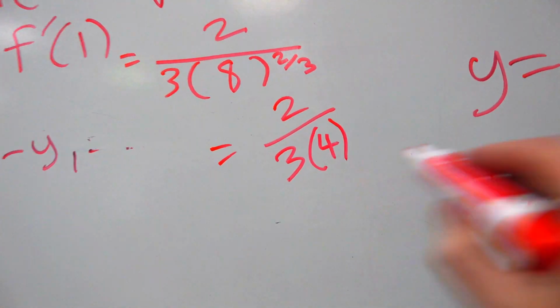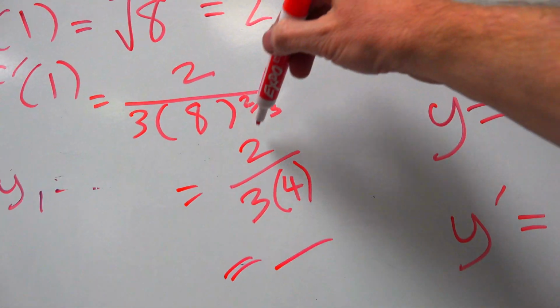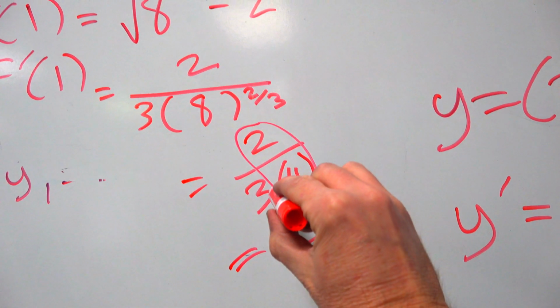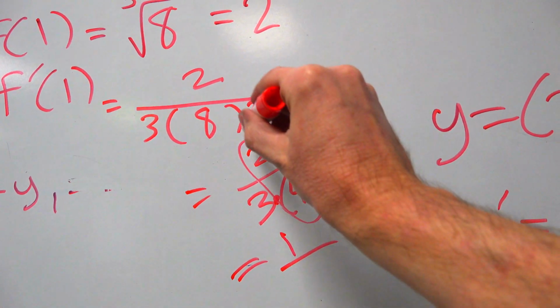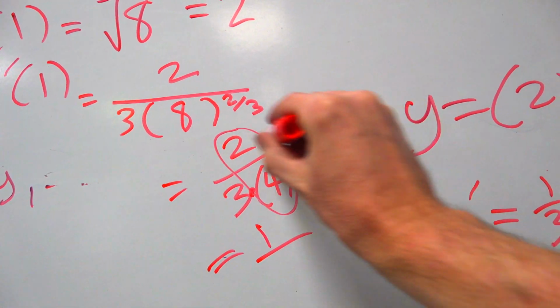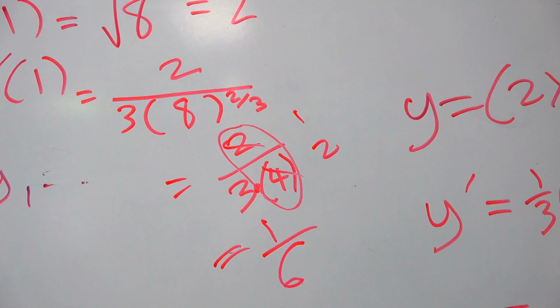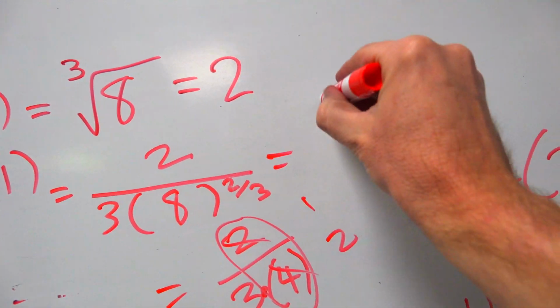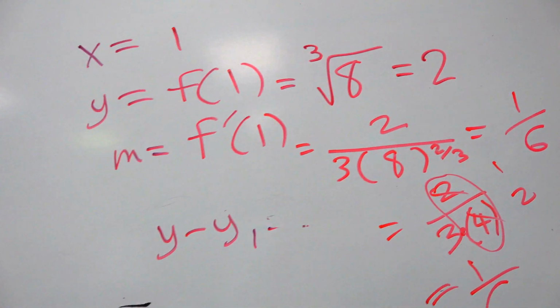Fractional powers in review, right? This right here is a cross cancel because it's multiplication. So that's actually 1/2. But then 2 times 3 is 6. Okay, 1/6. So 1/6 is now your f prime of 1.